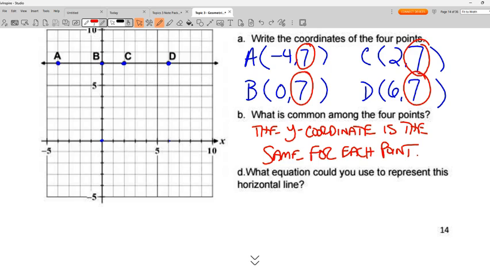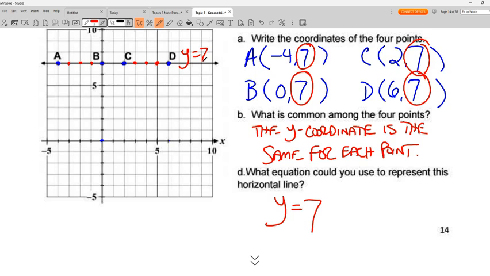The y coordinate is 7. That is going to be the equation of this horizontal line. Since all of the y coordinates are 7 along this line, y equals 7. So you could go to -1, 7, -2, 7, -3, 7, or you could go to 3, 7, 4, 7, 5, 7. Every point along this line has a y coordinate of 7, so its equation is y equals 7.